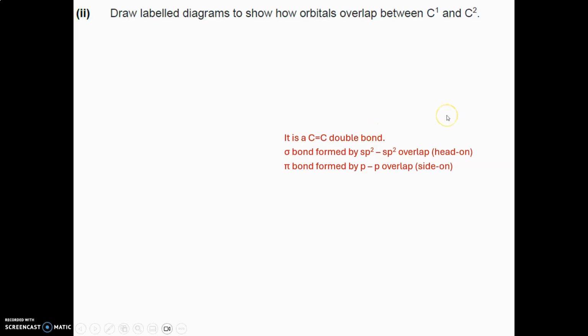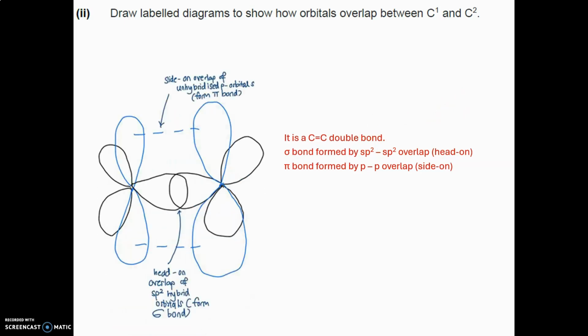So what do we expect from a diagram? Your diagram should look like this. You need to show the sp2 orbitals from each carbon doing a head-on overlap in forming the sigma bond, as well as the unhybridized p orbitals. They overlap side-on to form the pi bond.